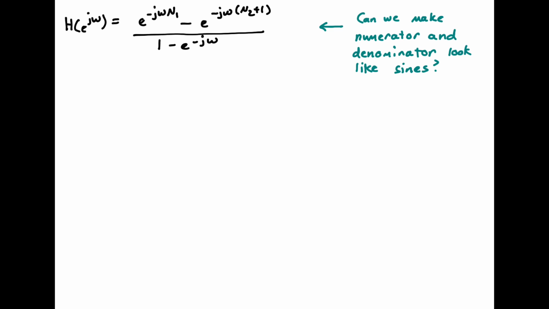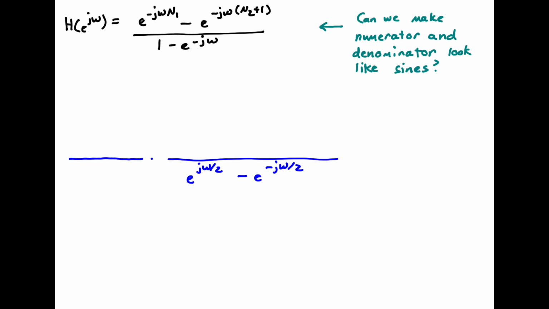So let's start with the denominator. One form in the denominator that would start to look like a sine would be e to the j omega over 2 minus e to the minus j omega over 2. That looks like the form that shows up in our equation for sine, if we know Euler's.